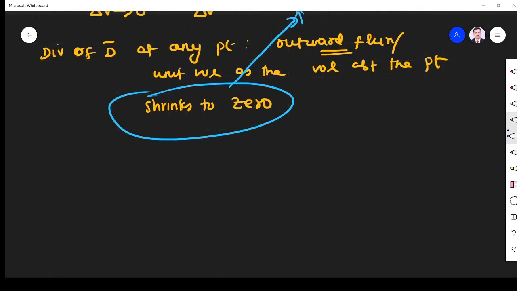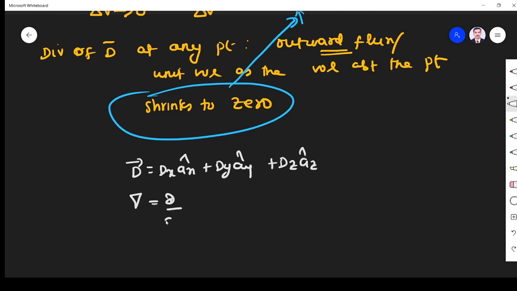Let us define the vector D. D is given by Dx ax plus Dy ay plus Dz az. We know what is del. Del is dou by dou x ax plus dou by dou y ay plus dou by dou z az.